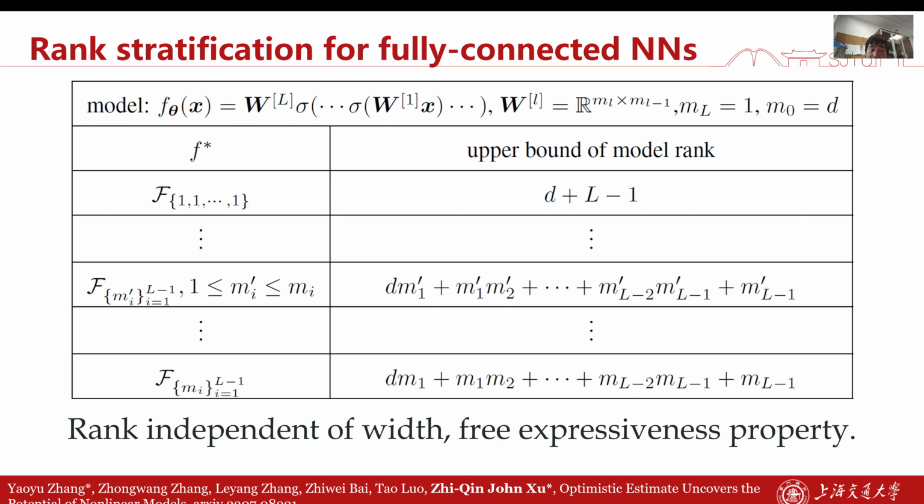And once the target function is in model space, the model rank, or your optimistic estimation, will be independent of the network width of your model, and only related to your target function.